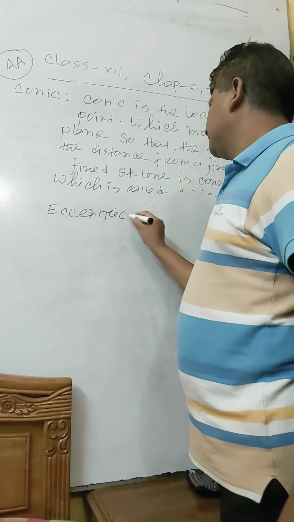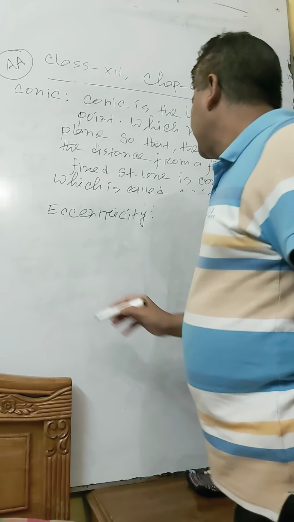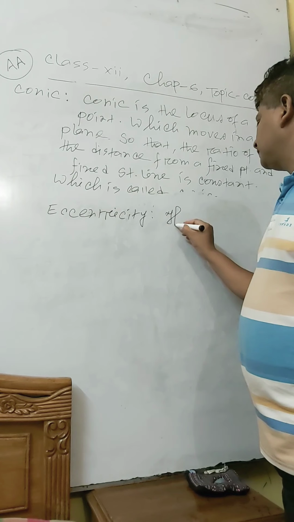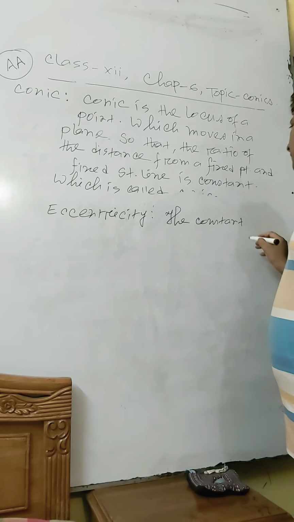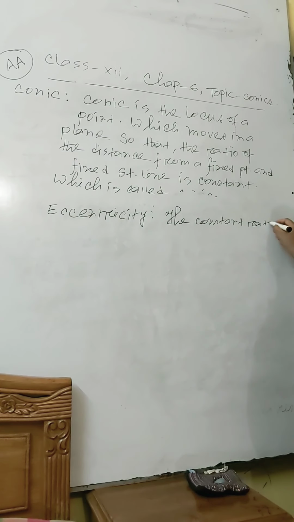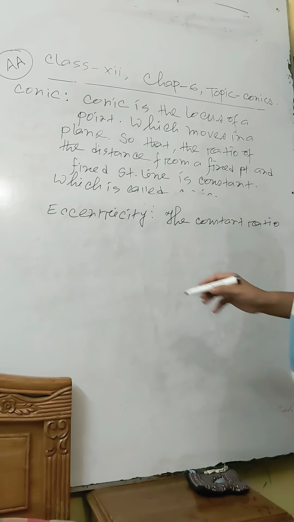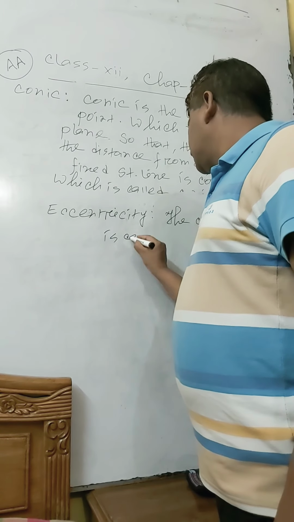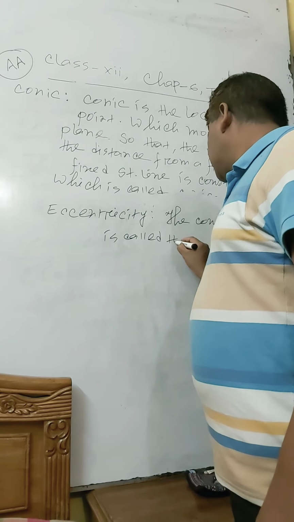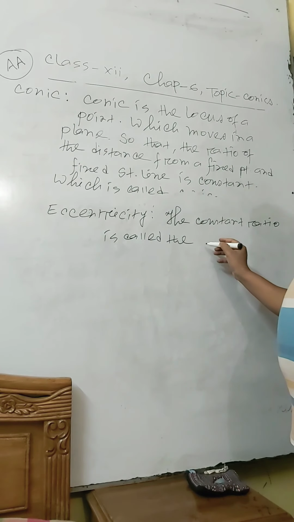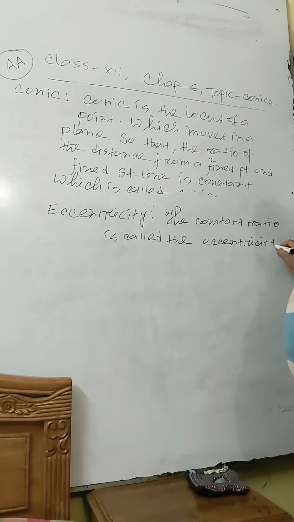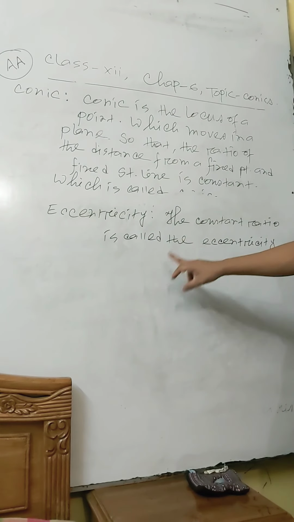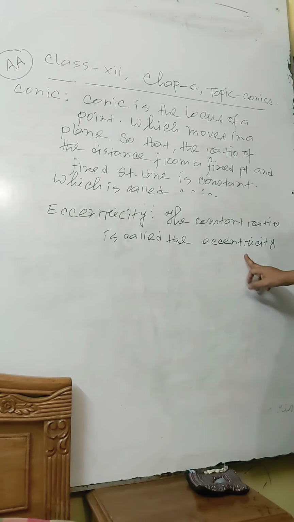What is eccentricity? The constant ratio is called the eccentricity.